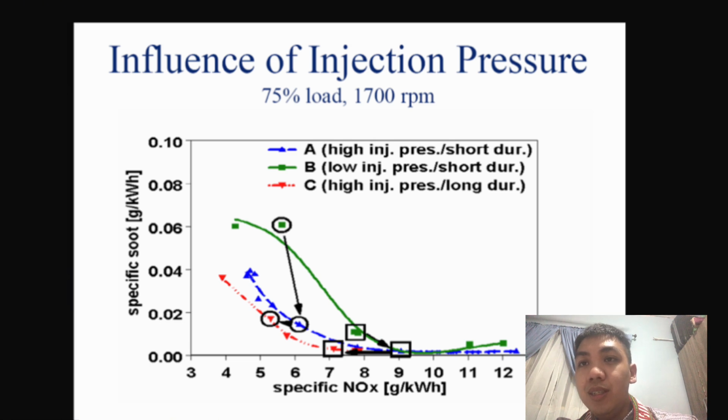And for C, which is high injection pressure but longer duration, it initially has very low specific soot, but it decreases until 7.